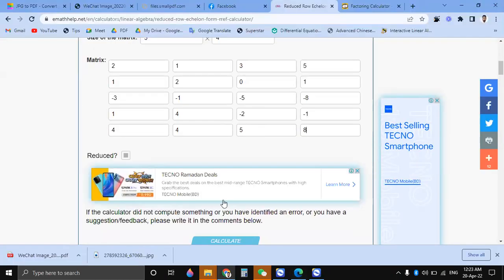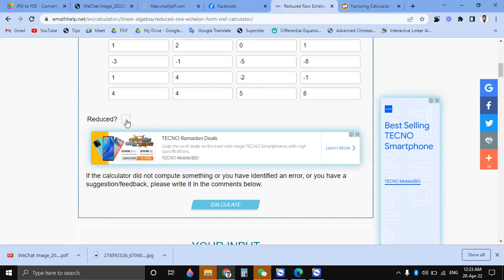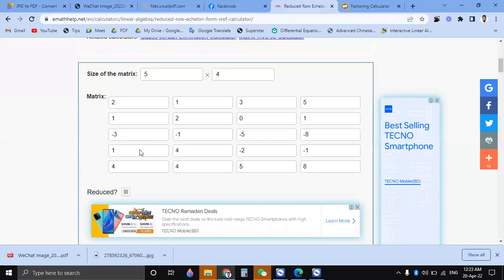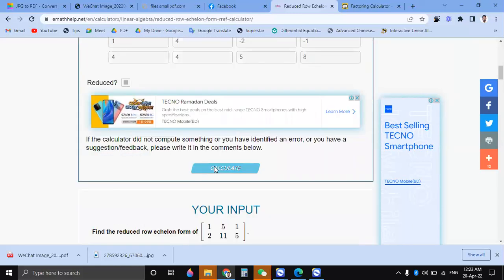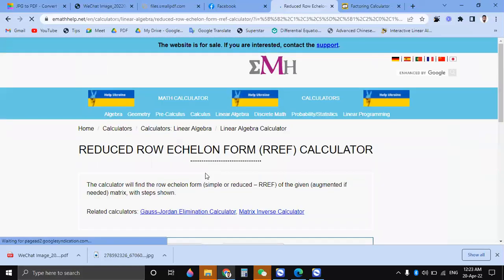So now I just click here. You have to tick here, reduced. So it will give you the RREF form. So I calculate.